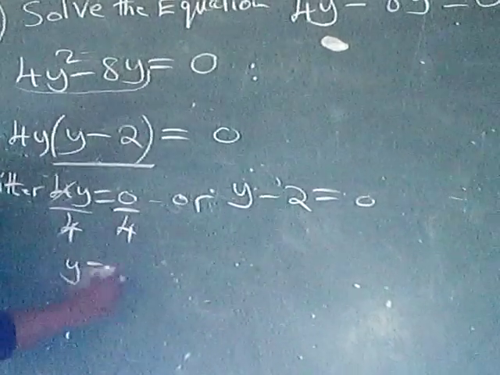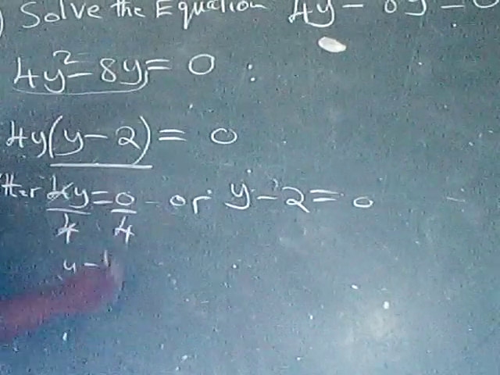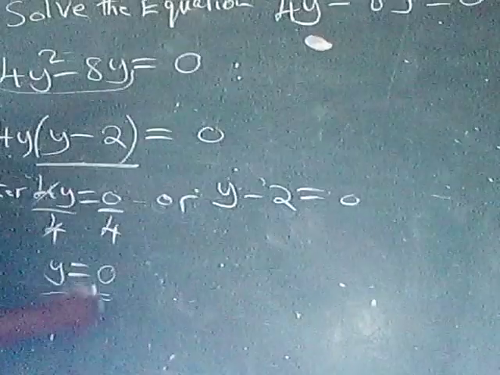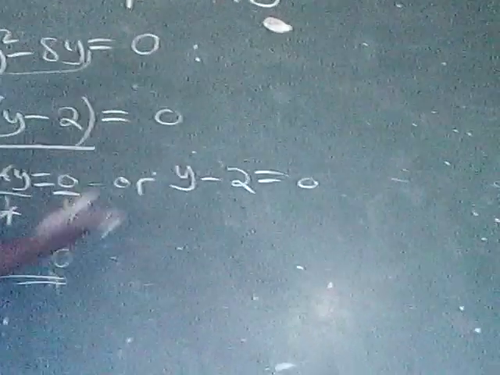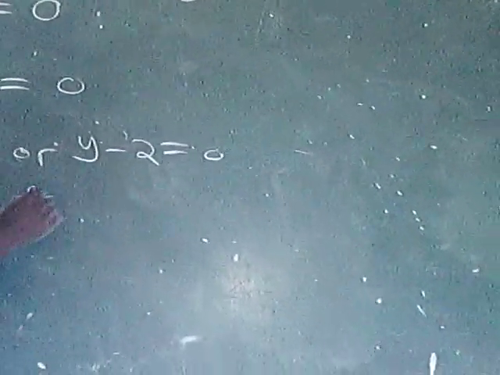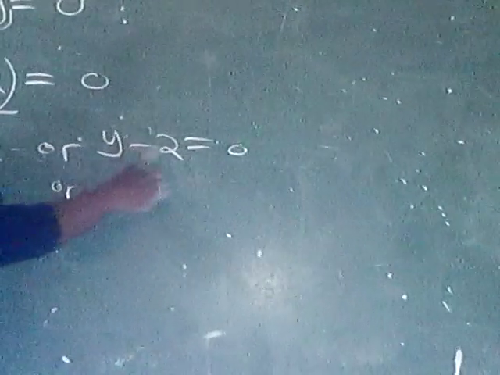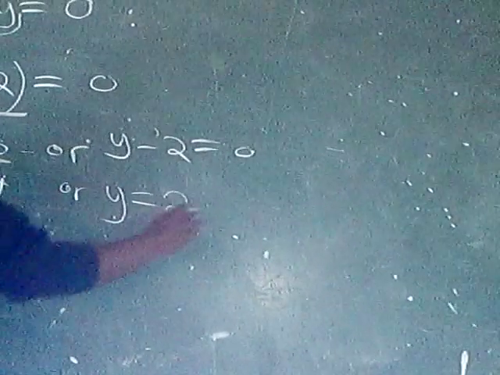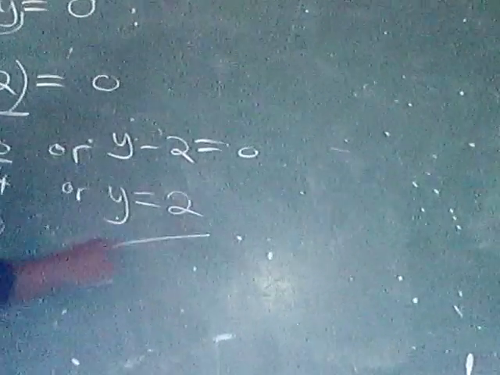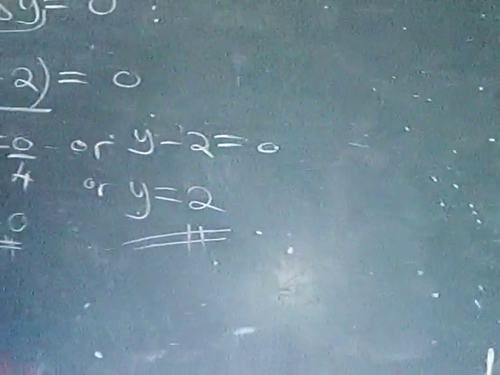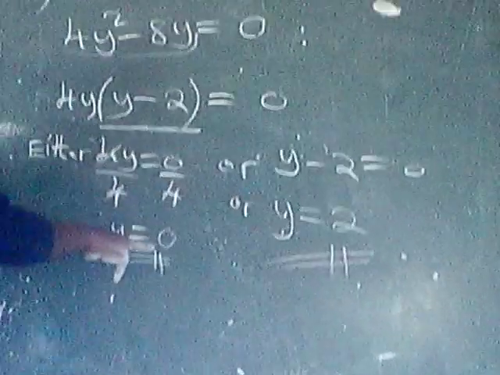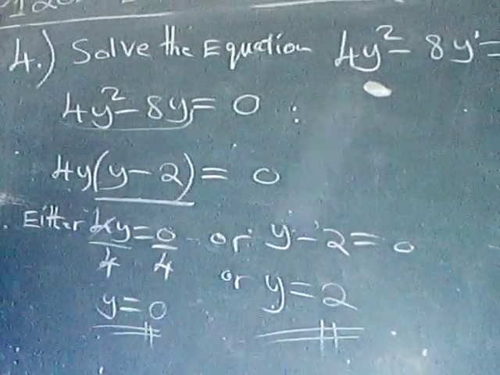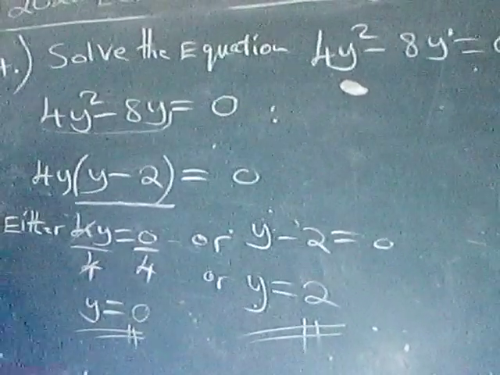You have y is equal to 4 into 0, which is 0. One value of y is 0. The other one, we take the negative to the other side so that y becomes a positive 2. Therefore, the values of y are 0 and 2. And that's the answer. That's how you do it.